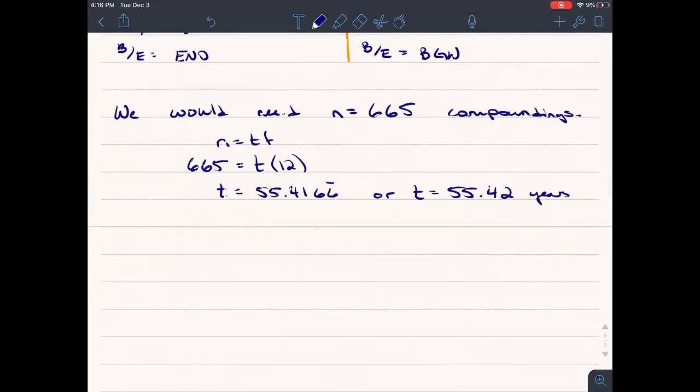Usually I say how you need to round your values, otherwise I'm pretty lenient. Any questions about that one? Well, that's the answer: 55.42 years, so almost 55 and a half years.